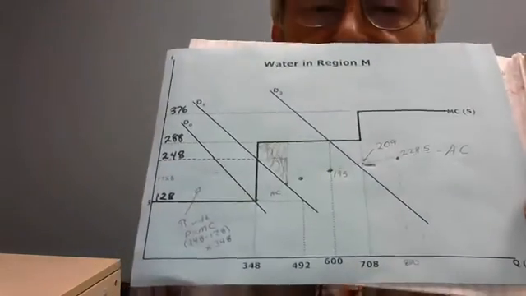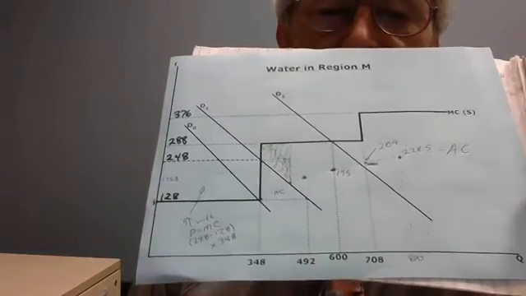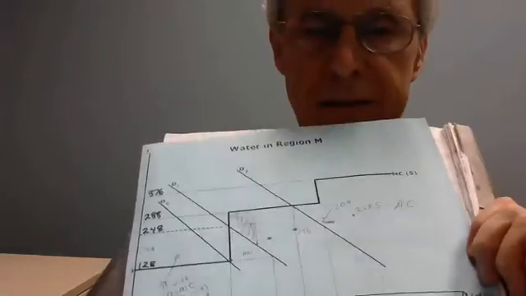Now think about what this means. It means we're going to be selling water, and let me mark that on the x-axis here. We're going to be selling this much water, which we'll just say is about 430.